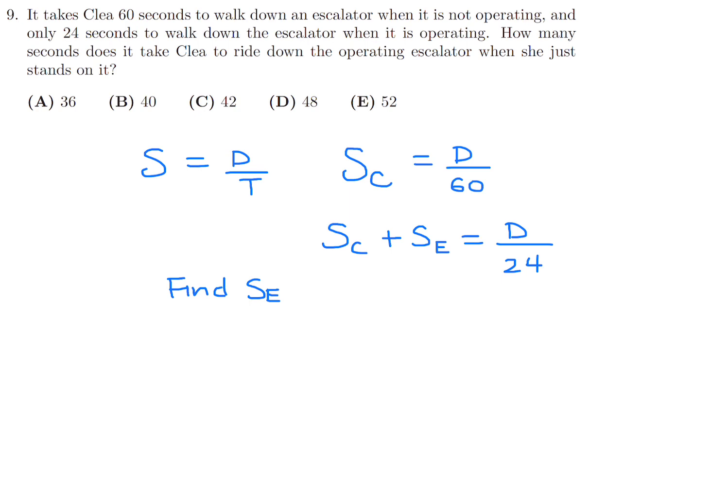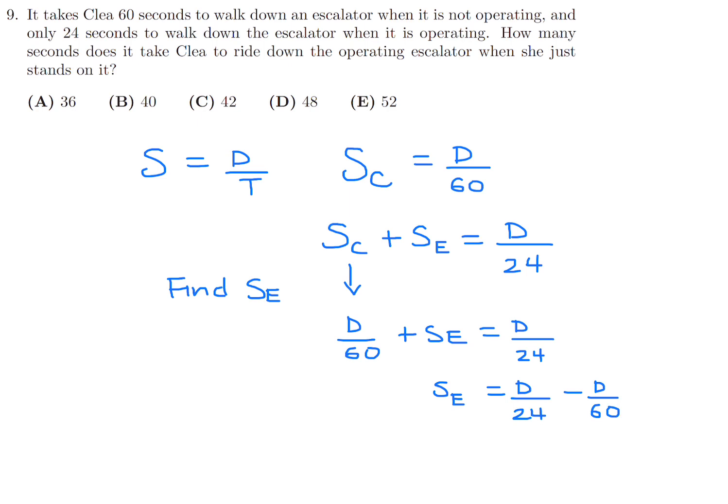Okay, so I guess we just work with this formula right here. SC is d over 60, and SC plus SE is d over 24. So SE, the speed of the escalator, is d over 24 minus d over 60, and then we just have to subtract this fraction: 5d minus 2d over 120, and that is 3d over 120.